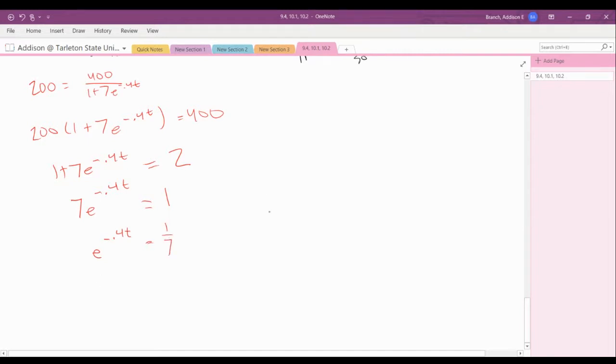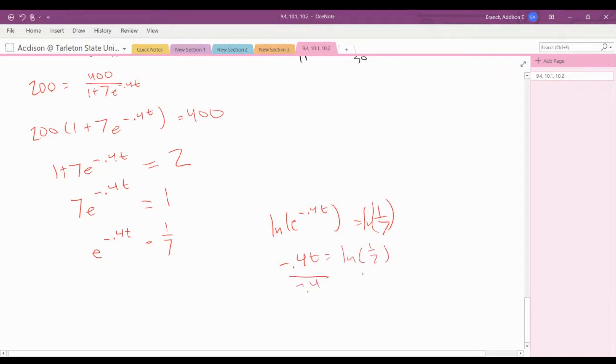We can take the natural log of both sides, so negative 0.4t is equal to the natural log of 1/7.